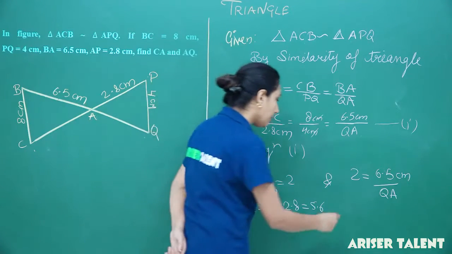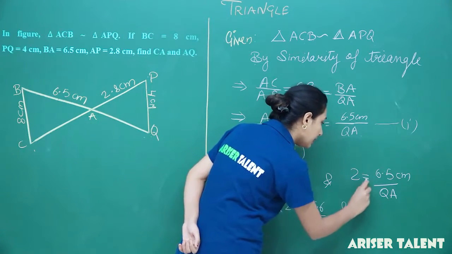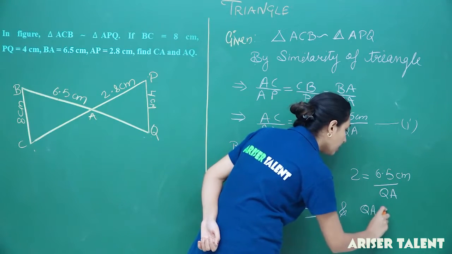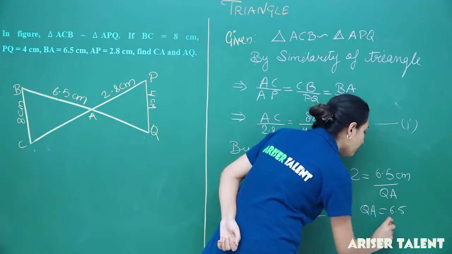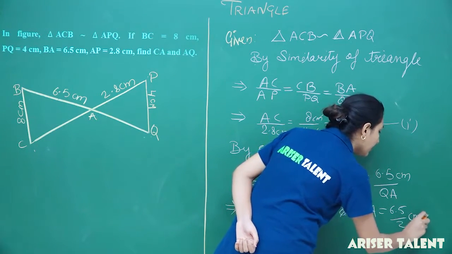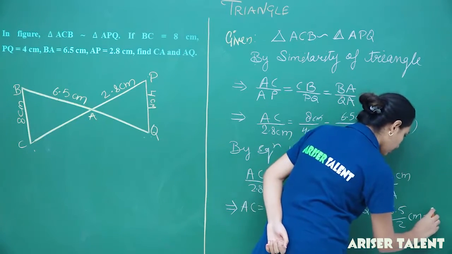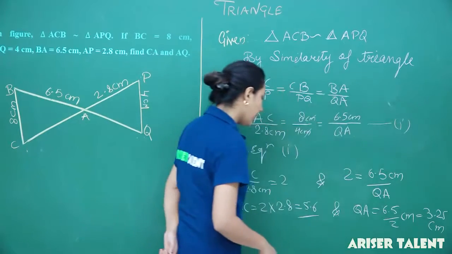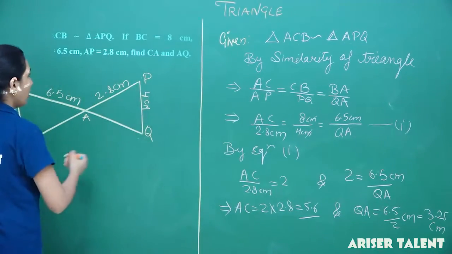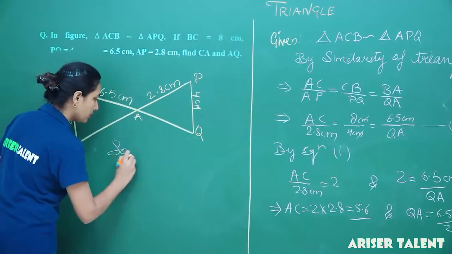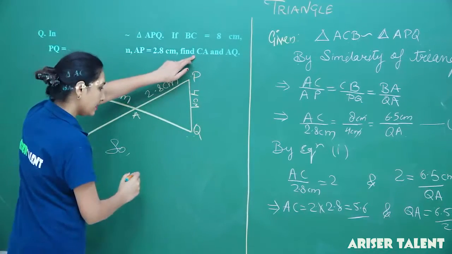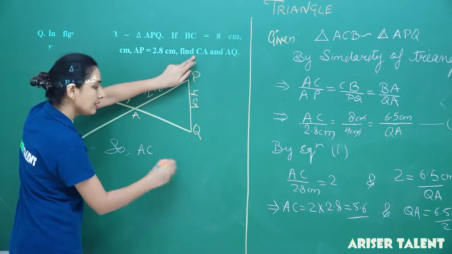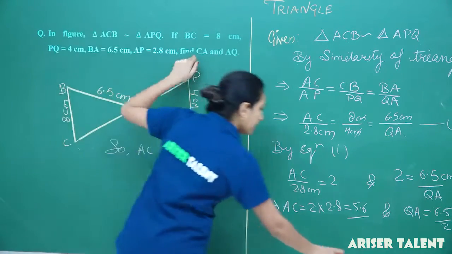Okay students, now that QA will become 6.5 by 2 centimeter, and that will give you what? 3.25 centimeters, students. Okay, so you have to find CA. AC can be written as CA, so write it CA.